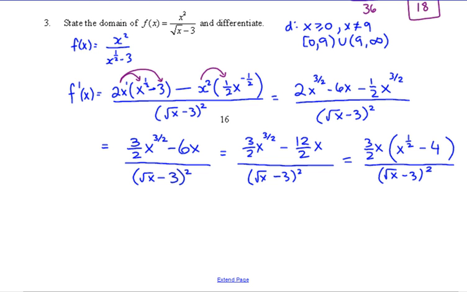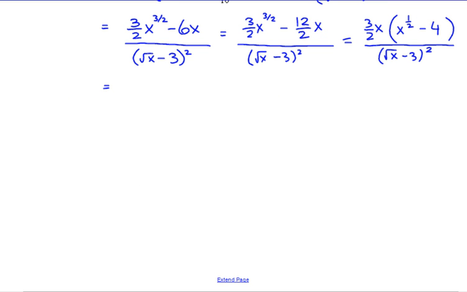Okay? All right. We could rewrite this. So this 3 over 2 is kind of ugly. So I'm going to keep the 3 in the numerator. The 2 moves to the denominator. So our final answer in simplified form is 3x times root x minus 4, all over 2 (I move the 2 to the bottom), times root x minus 3 squared. A little prettier. Because the 3 over 2, you put it out front.